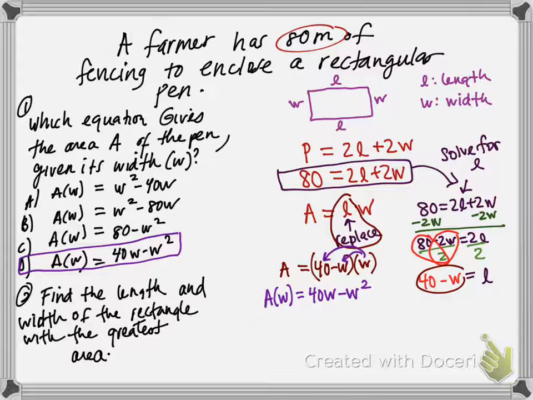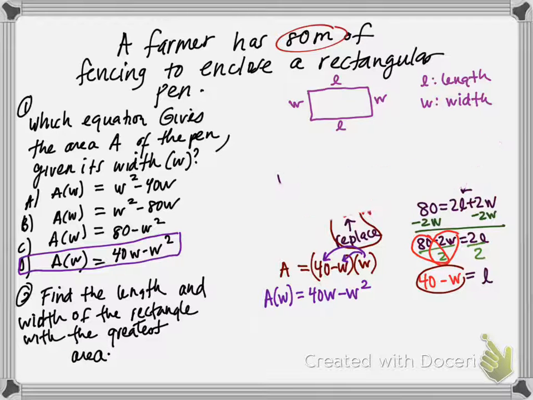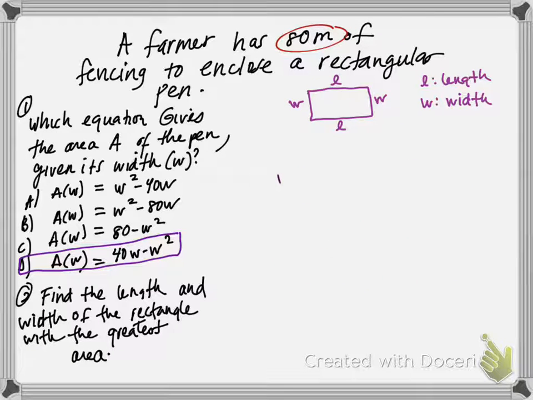The next thing we need to do is find the length and the width of the rectangle with the greatest area. So I'm going to erase this so I have some more room here. So far I have my area formula, which is 40W minus W squared. And I need to find the length and the width with the greatest area. So I'm trying to maximize my area.